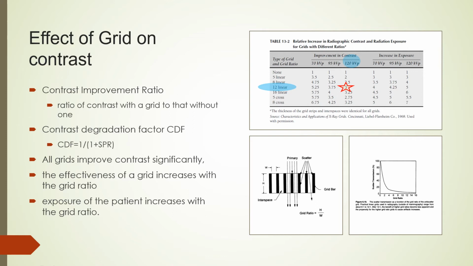At 70 kV, the improvement is even better at 5.25. The bottom right figure shows the scatter transmission for different grid ratios. The contrast degradation factor refers to the reduction in contrast due to scattered radiation. Contrast degradation factor is of less importance in digital radiography because digital images can be adjusted to enhance contrast.